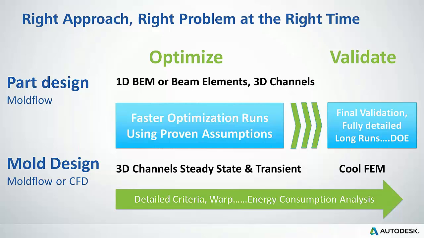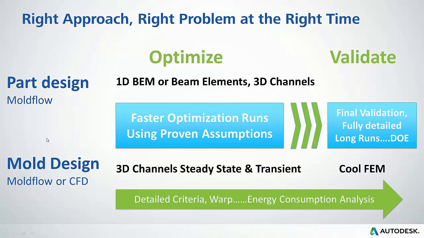So this is just kind of a quick slide on how complex things are, right? What is the right approach or right problem at the right time? Some people are doing this at the part design level and may not add the mold design detail, and that's kind of the path as you move forward.